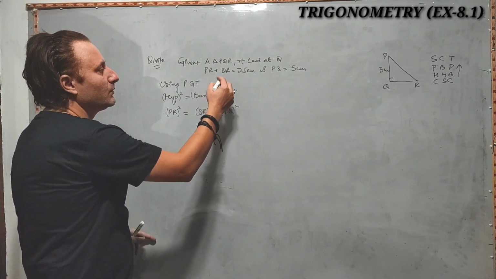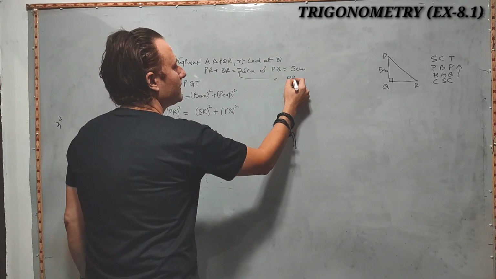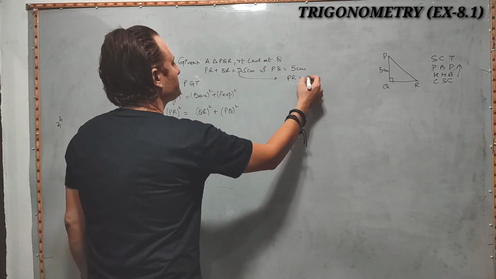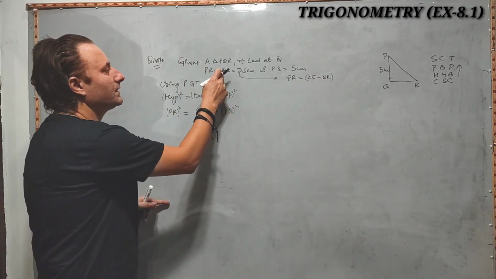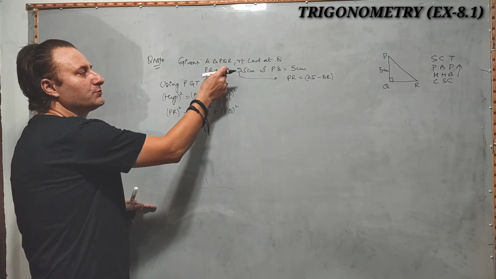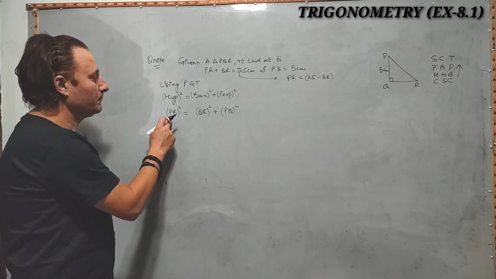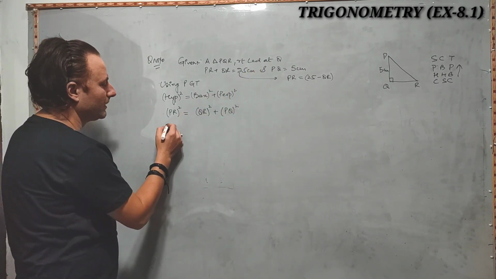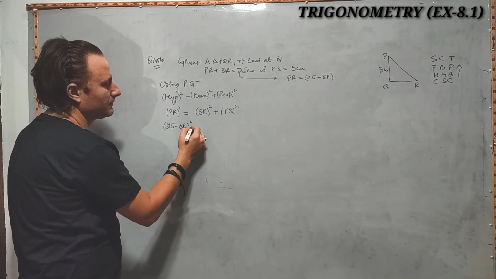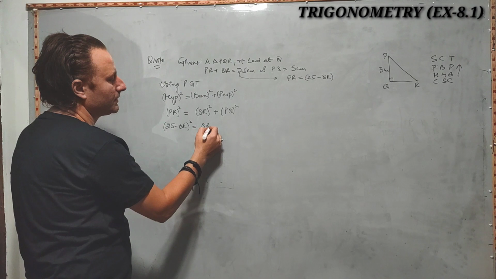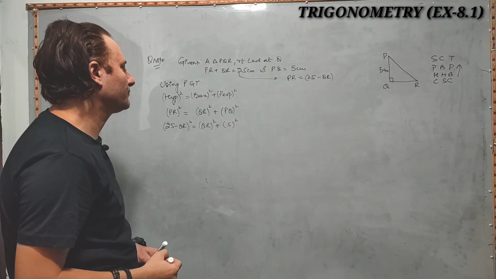Now if I say PR is equal to 25 minus QR, I just took this QR to this side, it became negative QR. Now PR square, I can put 25 minus QR square. QR is just the way it is, and PQ we have 5 centimeters, so I can put 5 here.